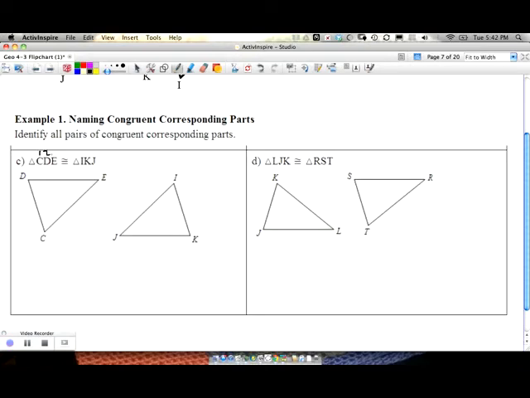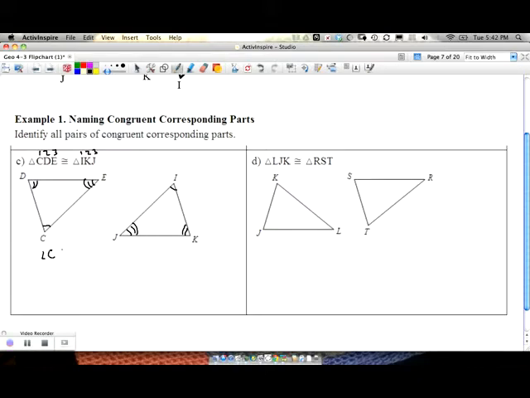Very similar. And again, I think it's really helpful if you label these as 1, 2, 3, 1, 2, 3. So CDE, that's going to be 1, 2, 3. Then IKJ, so that's 1, 2, 3.